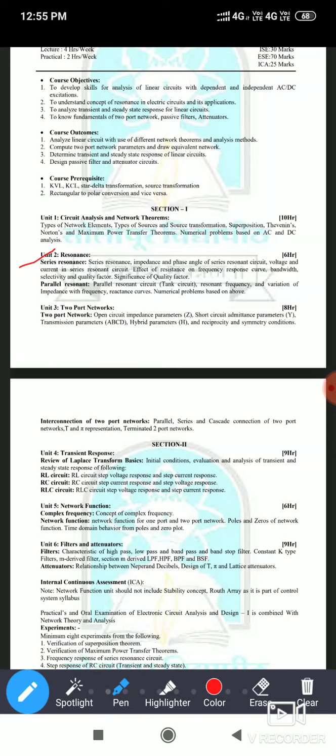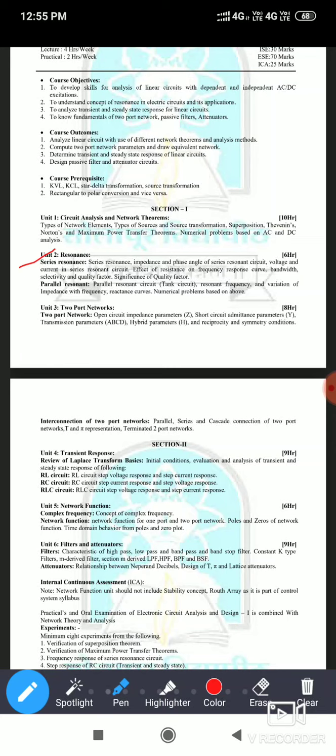In series resonance, first of all we are looking at what series resonance is and the definition of resonance, and then we will see the classification, series as well as parallel. After that, we will study the impedance and phase angle of the series resonance circuit, then voltage and current in the series resonance circuit, the effect of resistance on the frequency response curve, then bandwidth, selectivity and quality factor, and after that the significance of quality factor.